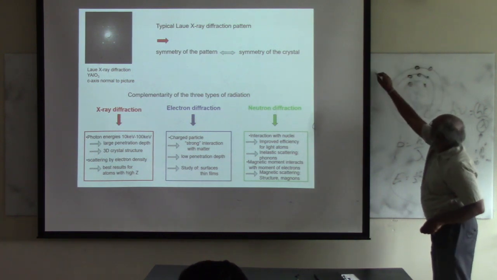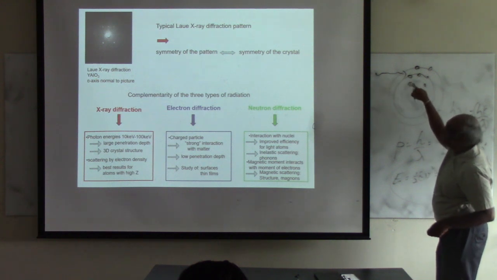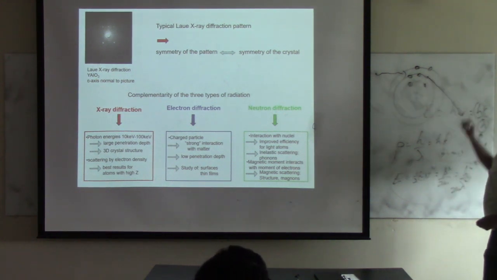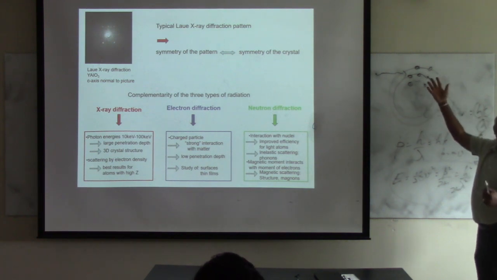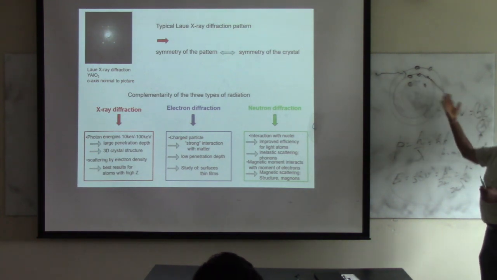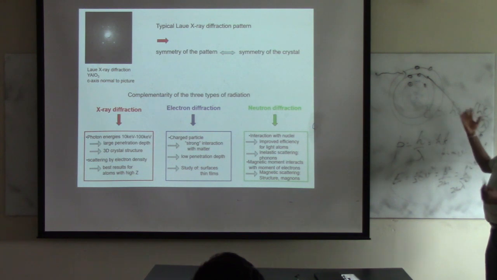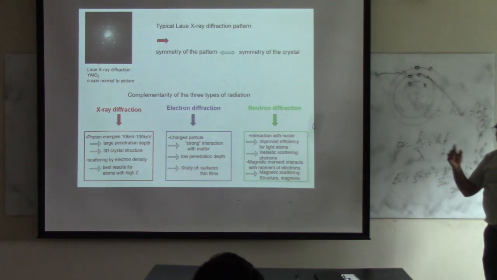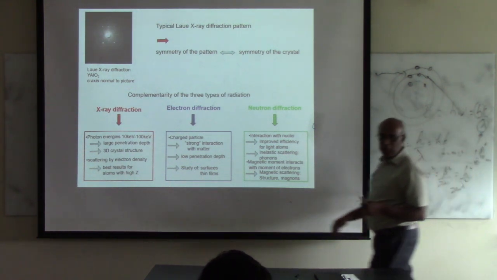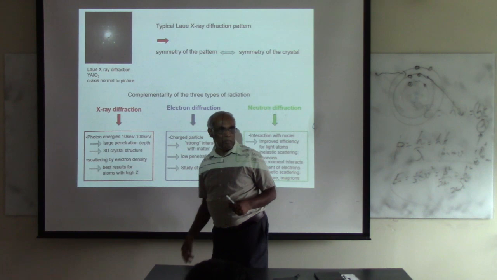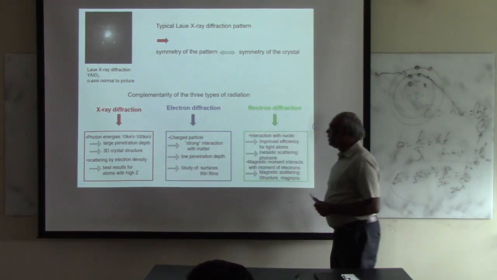If X-rays come in like this, they get scattered from these electrons, right? So if you have more electrons, you get more scattering. That means X-rays work very well for what we call high Z material. If your atomic number is large, your X-ray works much better. For high Z, you get better X-ray results.